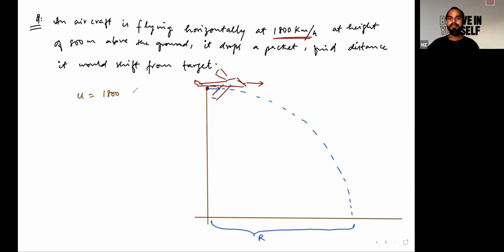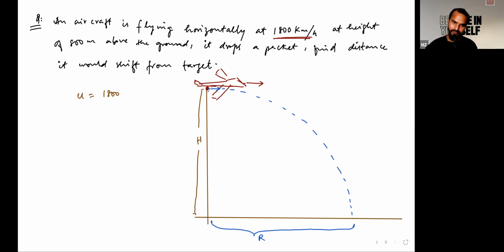The total height at which the aircraft is flying is called h, which is 800. We have to find the distance by which the packet has missed the target.